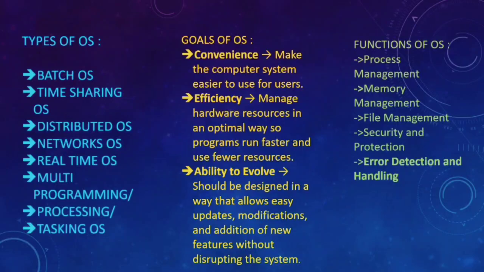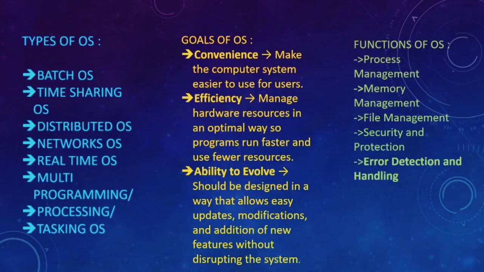Next, distributed OS manages a group of computers but makes them appear like a single system. Tasks are distributed for better speed and reliability. Example, Amoeba OS. Next, network OS, mainly used in servers to provide features like file sharing, printer access, and communications over a network. Example, Novell NetWare, Windows Server.